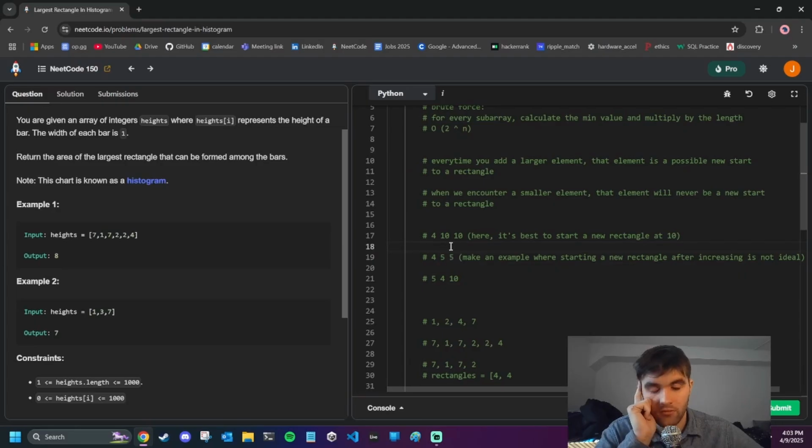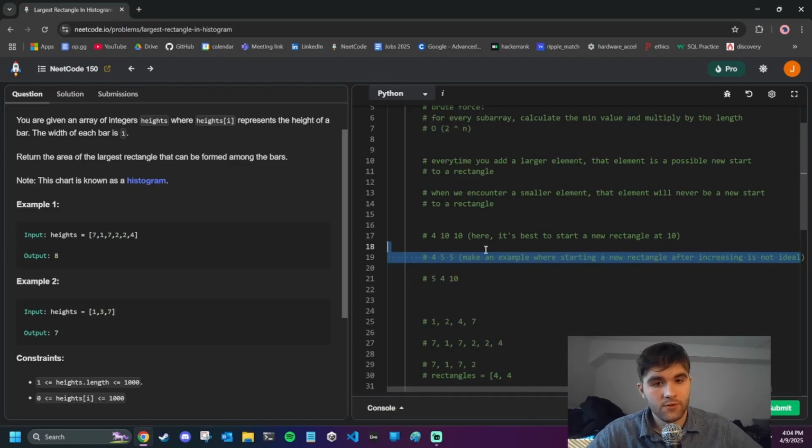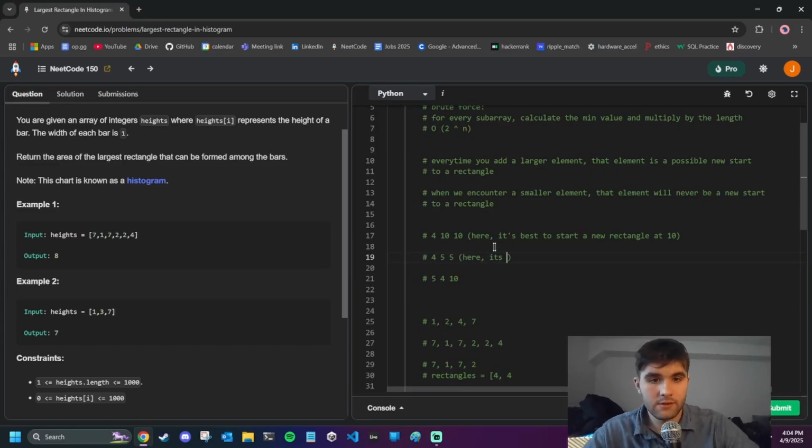So in this case, it's not ideal to start. It is a possible new start. So here it's best to not start upon increasing to 5.